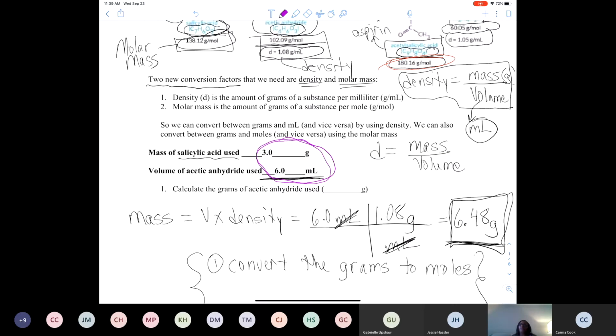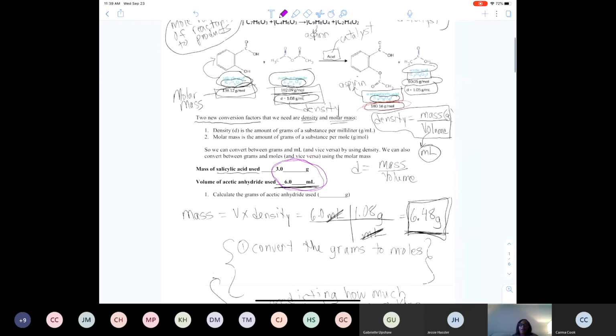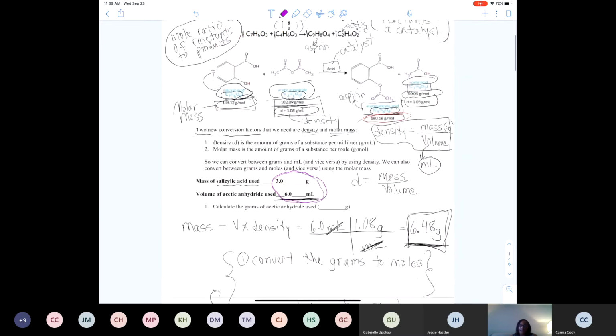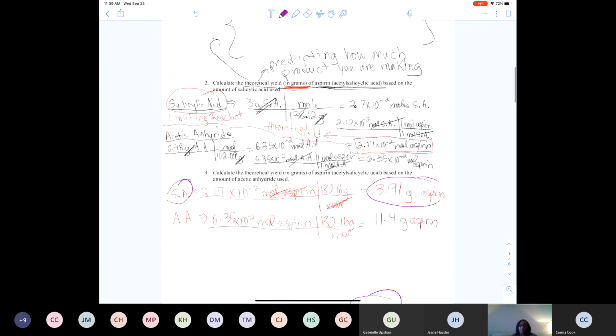And then there'll be about 3 or 4 questions that you'll have to answer after you watch the video of the scientist, and it'll be a different scientist than this video. You'll watch the video of the scientist making the aspirin. You'll record the data. And then you'll answer questions similar to these.